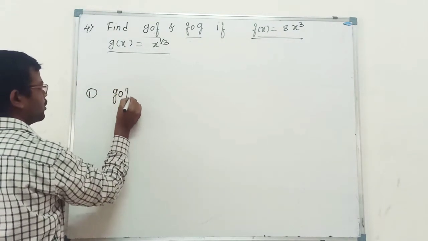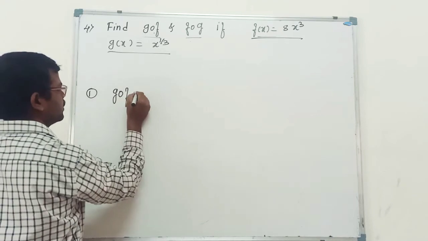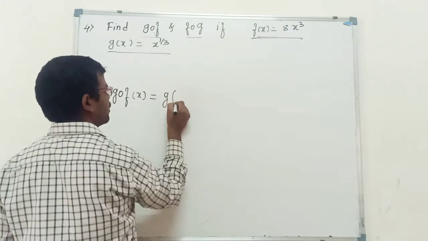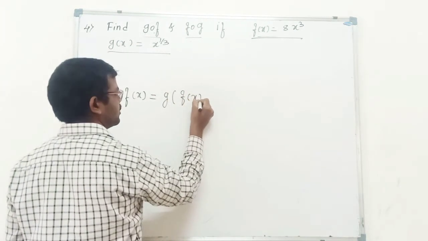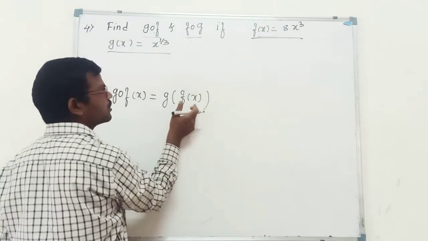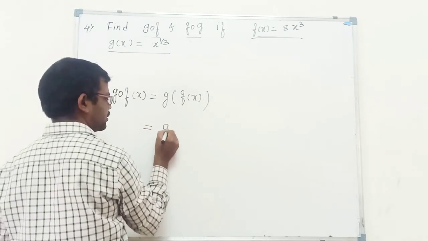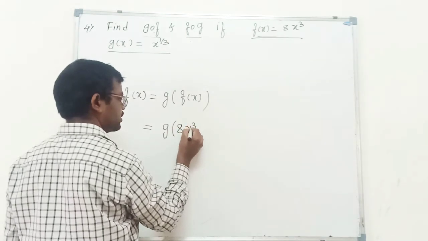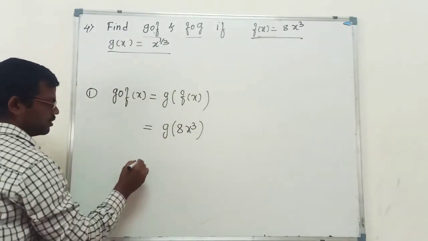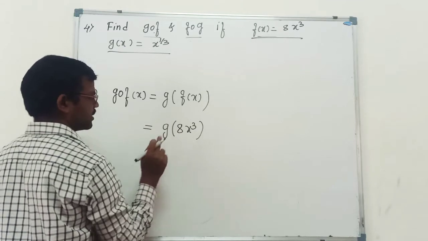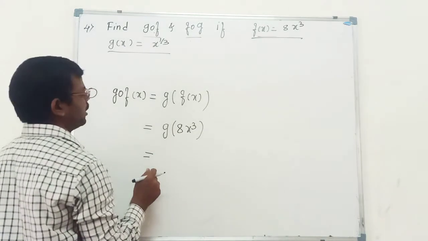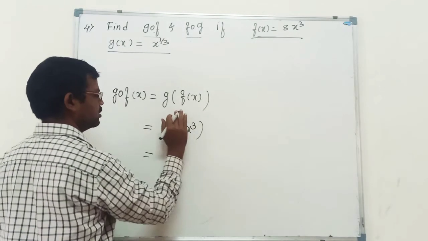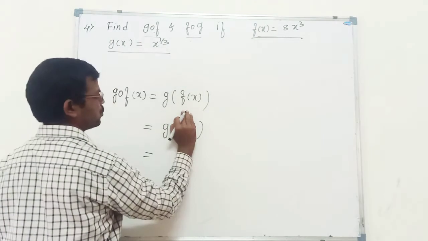G composition f, g of f of x is equal to what we have? So now we use the definition of f of x. What is the f of x? 8x cube is there. So next, g of 8x cube means, for the g function, g of x, where there is x, we have to put this.